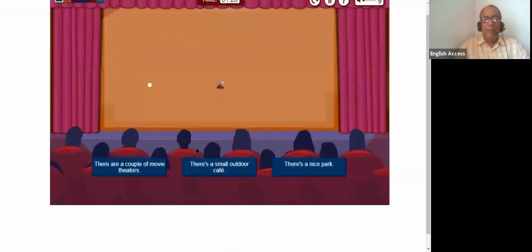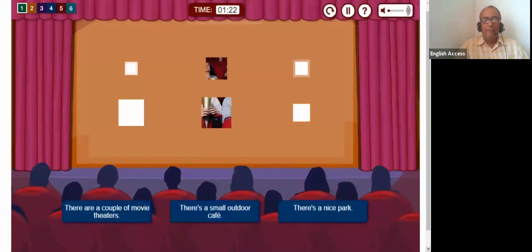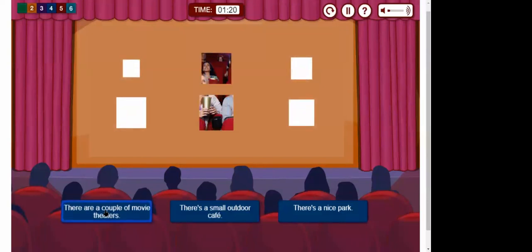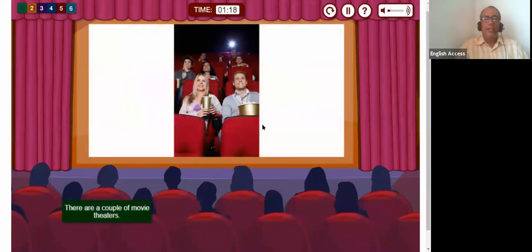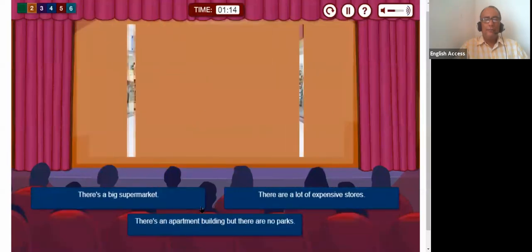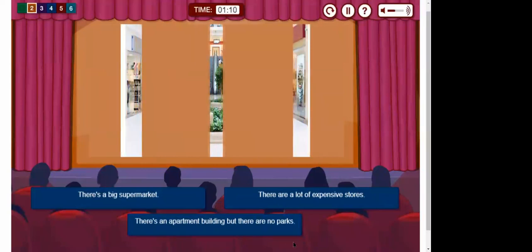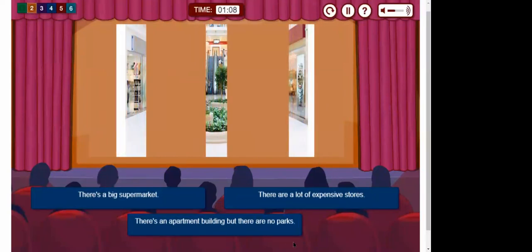Check the picture, what the picture is. Movie theaters, cafe, nice park. There are a couple of movie theaters. Okay, very good. Francisco. No. El tiempo.